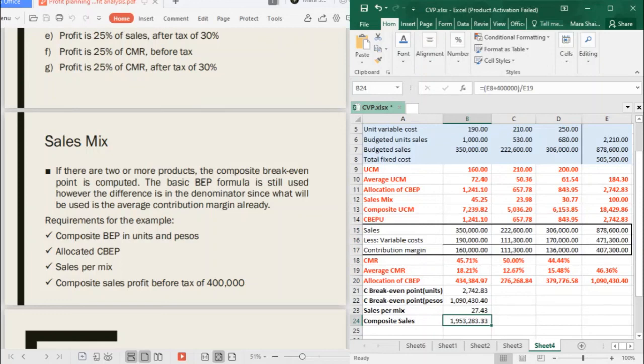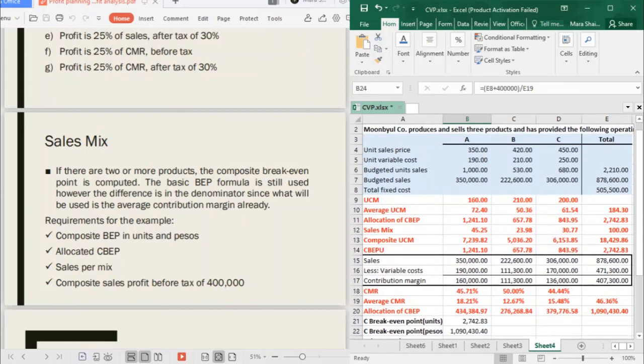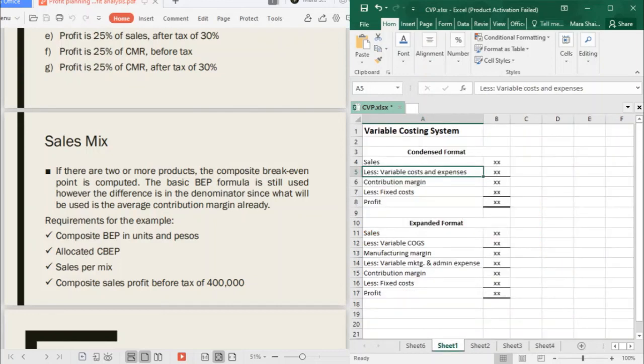I hope you can remember that. It would be much easier for you to understand this if you go back to your basics: the relationship of variable cost to contribution margin, the relationship of fixed cost to sales, to variable cost, to contribution margin, and so on.